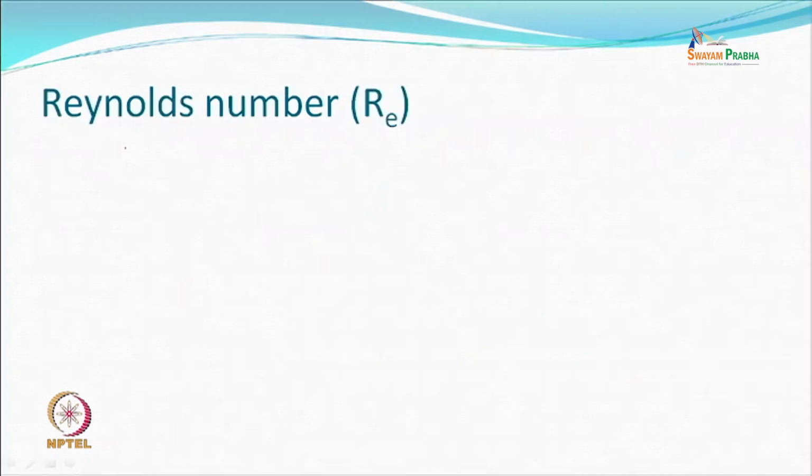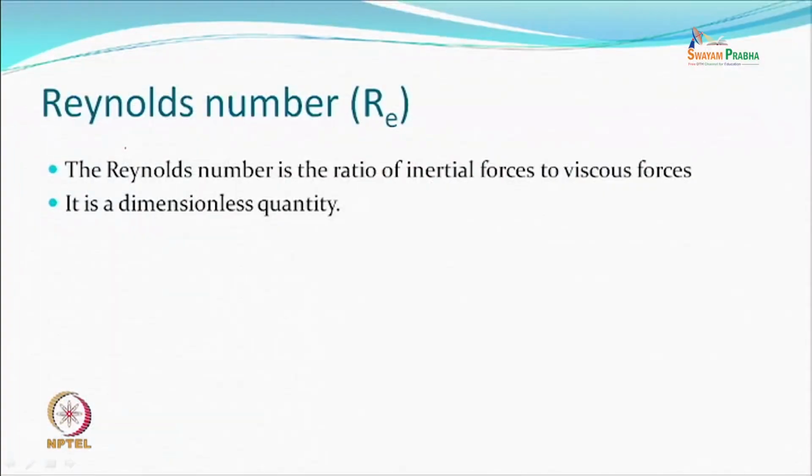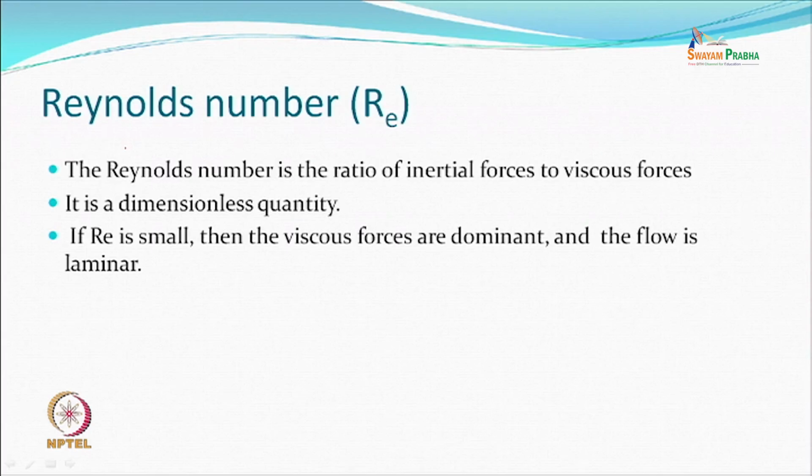The other is a Reynolds number, which is something again to do with the velocity. So this is inertial forces versus viscous forces. So it's a ratio approximately of the inertial forces and viscous forces. It's also a dimensionless quantity. Reynolds number, if it is small, then it means that the viscous forces are dominant and the flow will be laminar.